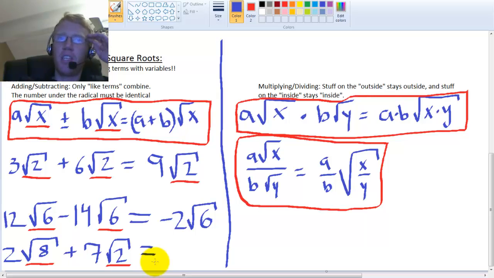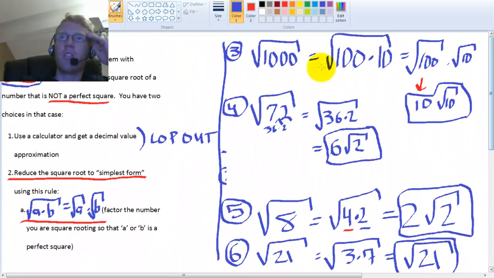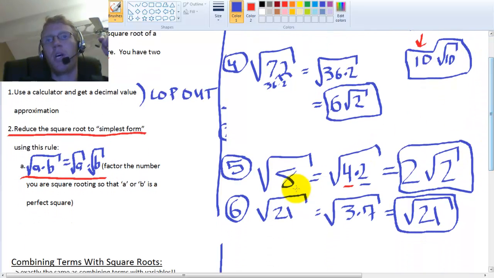But then you have to think to yourself, what did I just learn right before this? I learned that root 8 is the same as 2 root 2. So the part that's under my square root, if I could simplify it from what we just learned before this, I should simplify it because that might allow me to combine two things that looked like they wouldn't be able to be combined. So in place of the root 8, I could write 2 root 2.